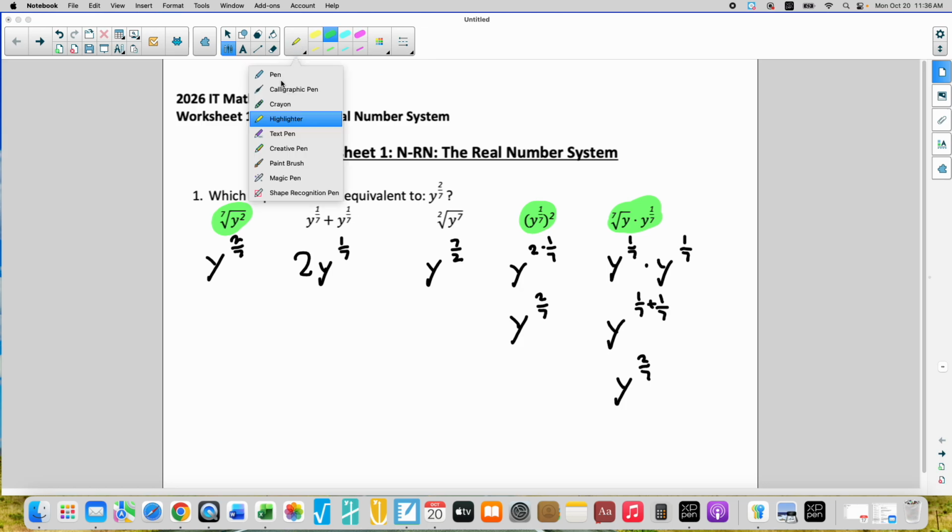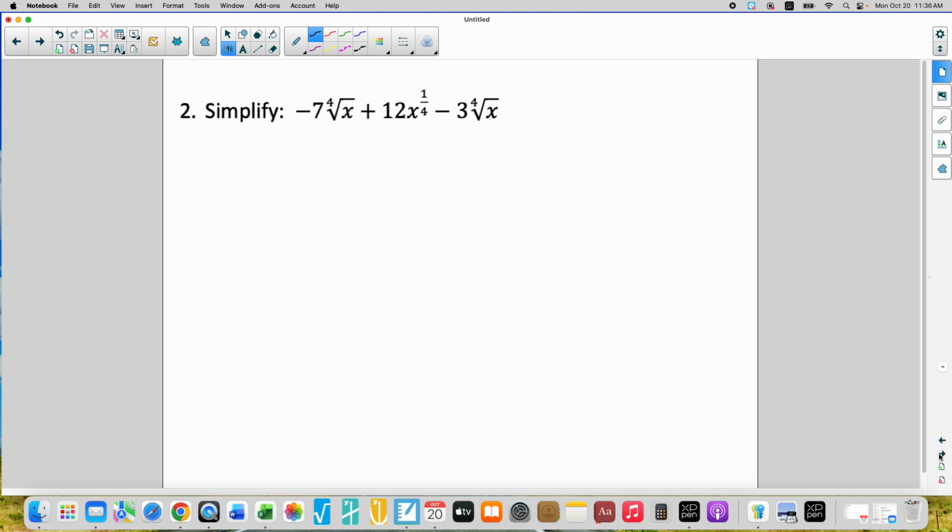I like that. Let's look at question number 2, simplify. So here we have some problems in radical notation and some in exponential notation. So let's decide which one we want to put it into. Let's put them all into exponential, I guess. So that's -7x to the 1/4, because 1 is their exponent, 4 is the root, so the root goes in the denominator, plus 12x to the 1/4 minus 3x to the 1/4.